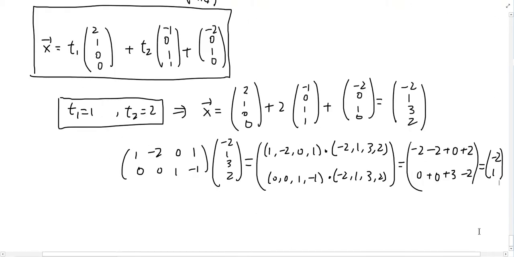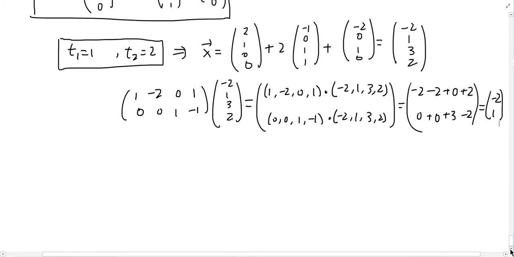Now, some of you, whether being clever or being lazy, I'm not going to judge, might choose to use T1 to be 0 and T2 to be 0. If that is the case, notice that you have vector x simply equal to this vector, because both of the direction vectors just go to 0.